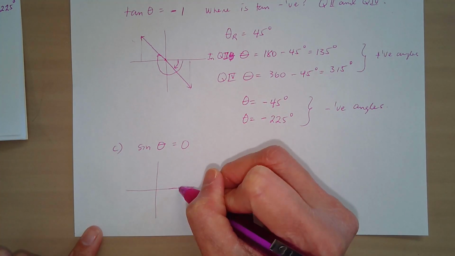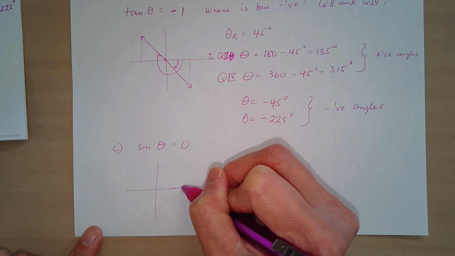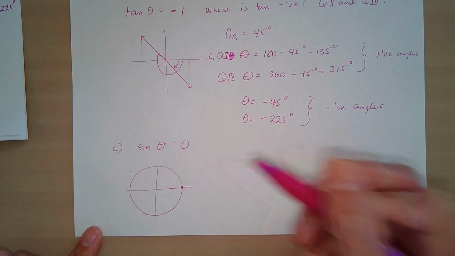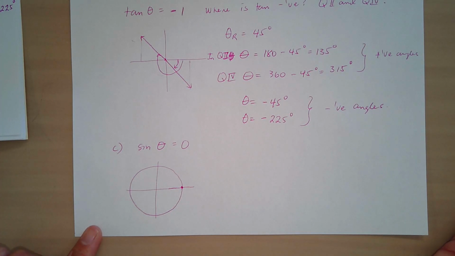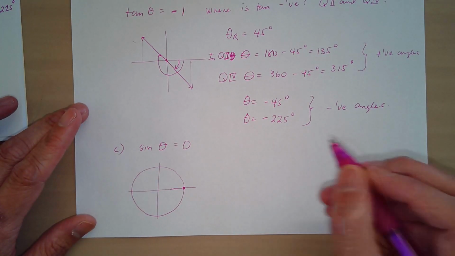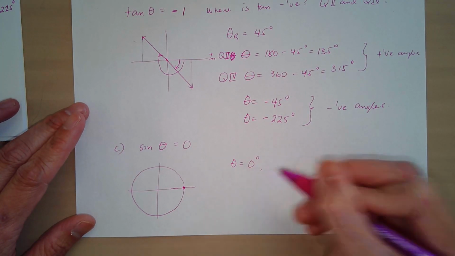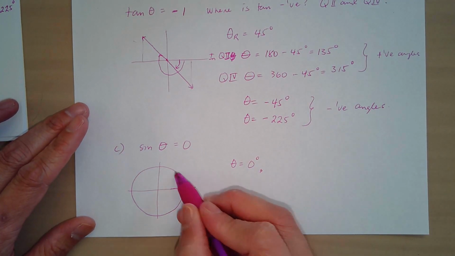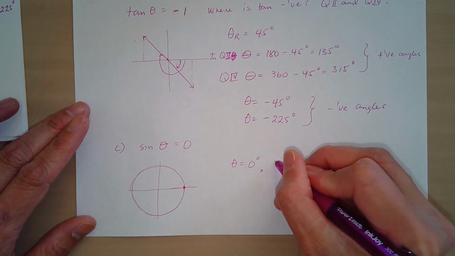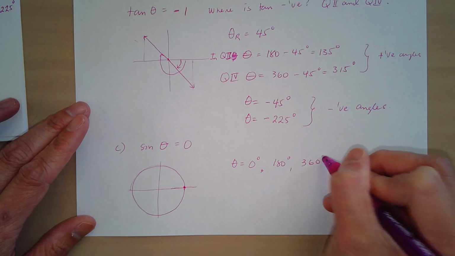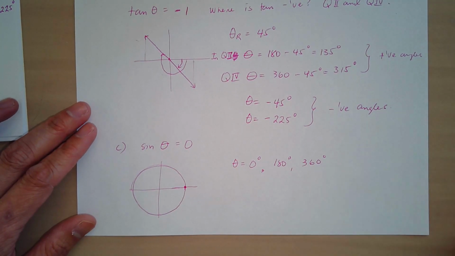Right on the x-axis, right? So that means theta has to be 0, 180, 360. That makes all the positive angles and the 0.